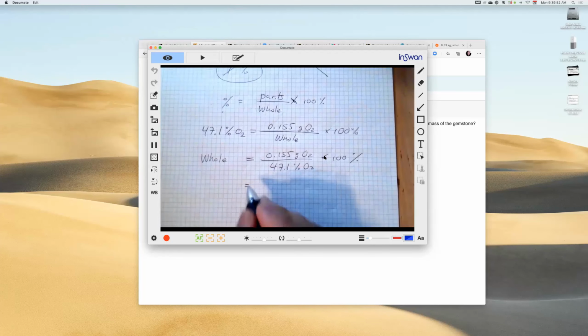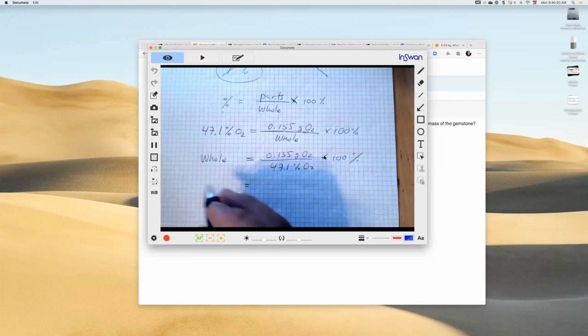And now we just enter numbers in the calculator and we're going to find the answer to that problem using percentage as a formula, as a conversion factor, if you will. And of course, you're going to learn how to take shortcuts later.